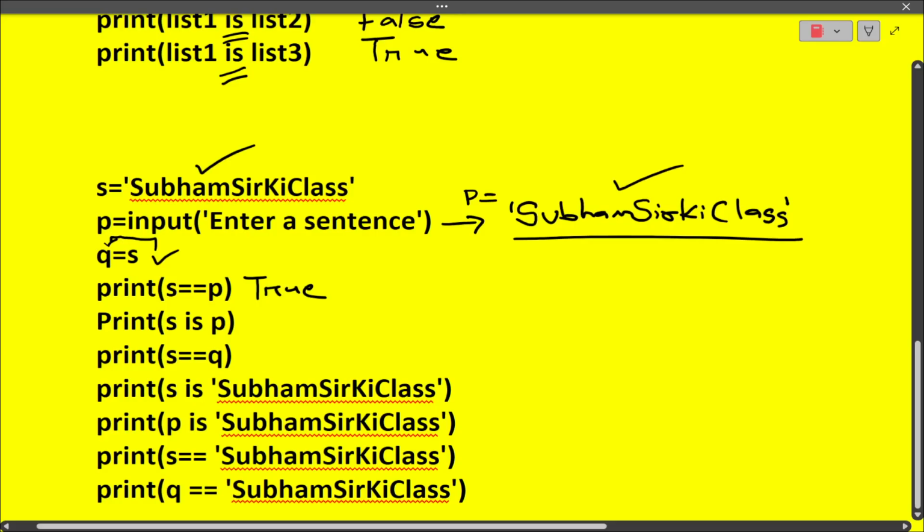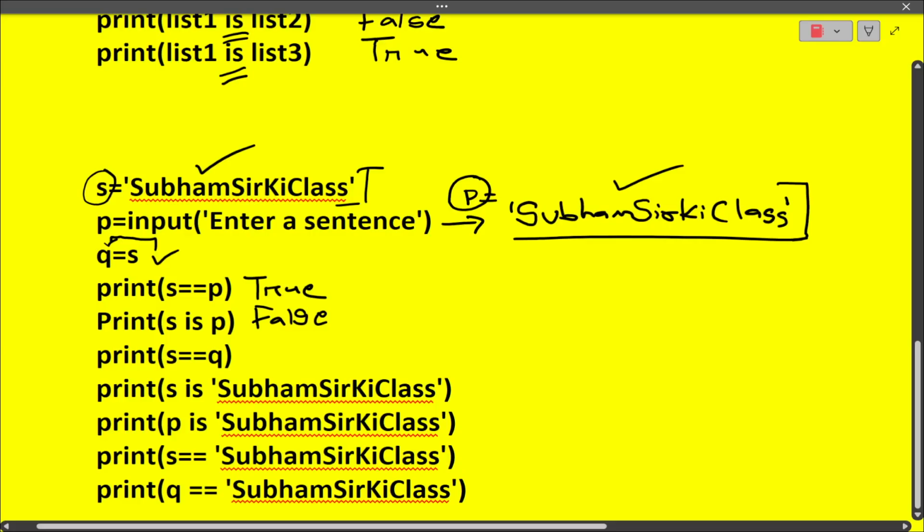Very simple. Now in the second one, you must be observing it is written S is P. So what will happen? As you can see, they both are different objects. S is holding this particular value and P is an object which is holding another particular value. So it will result in false because they both refer to different objects. Now talking about the third one, S double equal to Q or not?